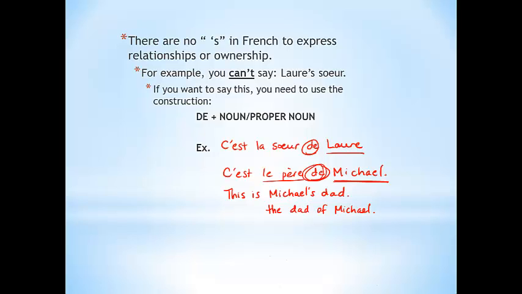So your sentence is, these are your friend's cousins. And the your, we're going to use a familiar your, not a formal your, because we're talking about friends.